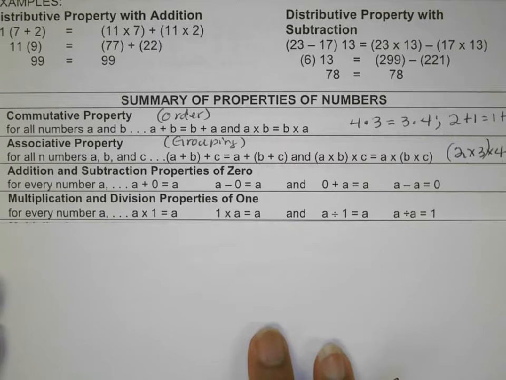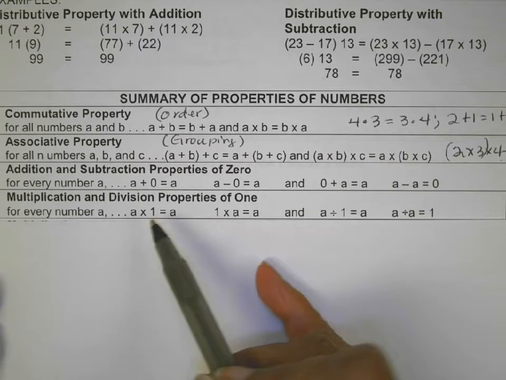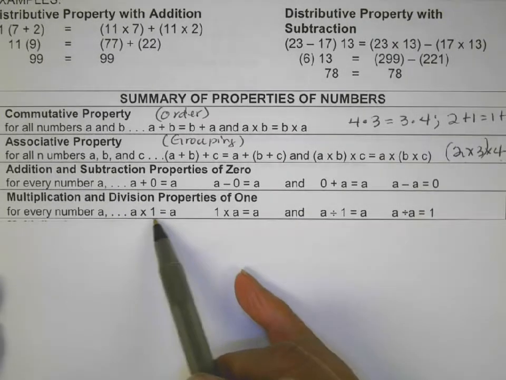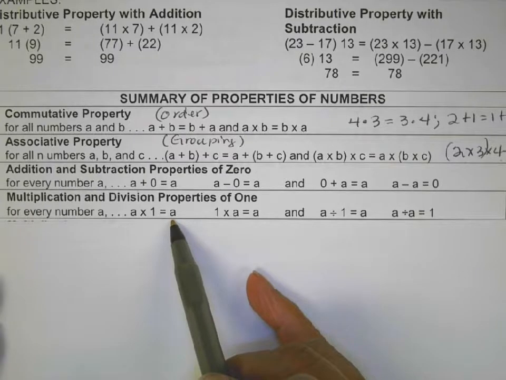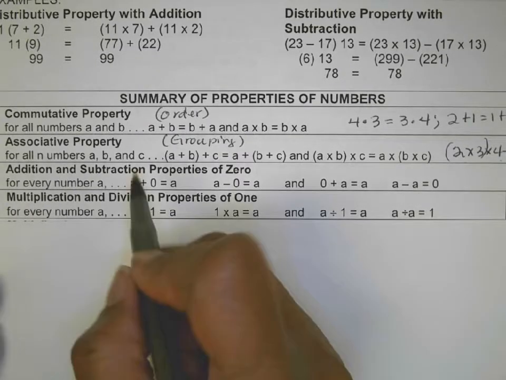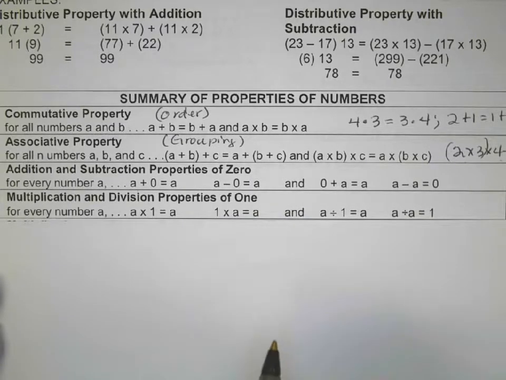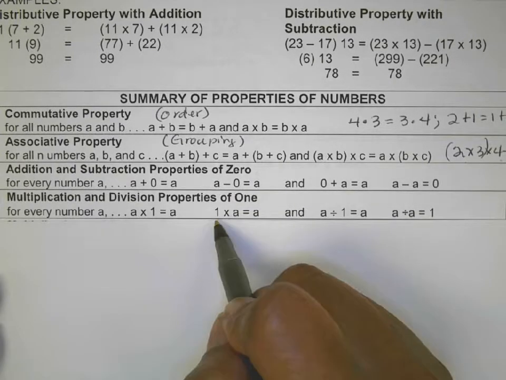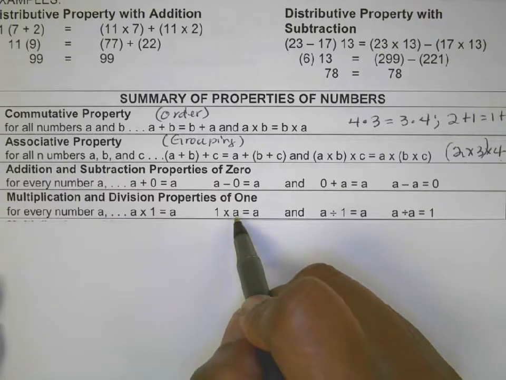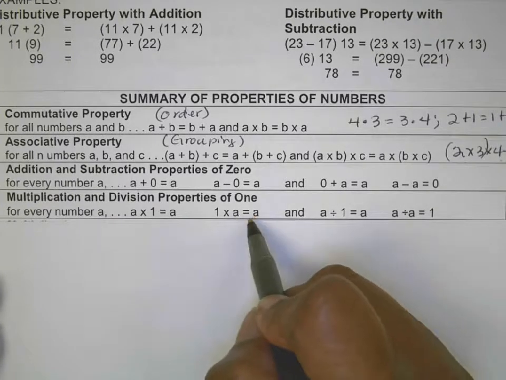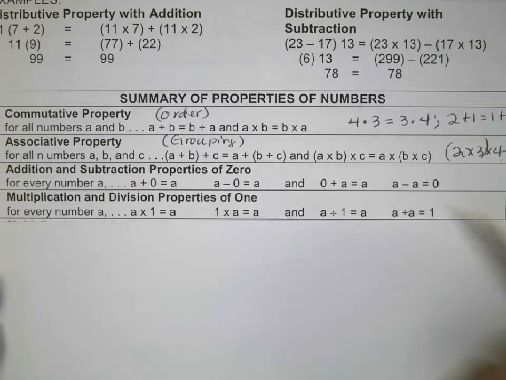Multiplication and division properties of 1. Any number times 1 is that answer or that number. So negative 3 times 1 is negative 3. 1 times negative 19 is equal to negative 19. I just used 2 negatives as a choice there.